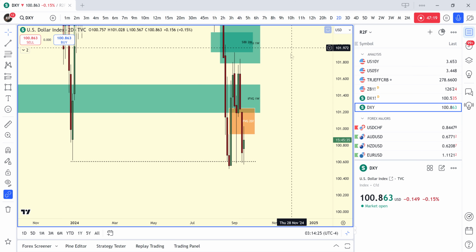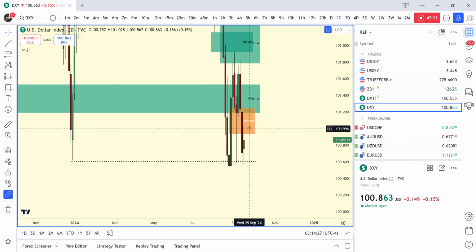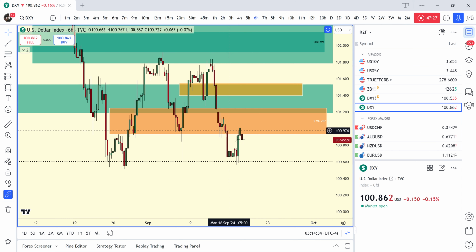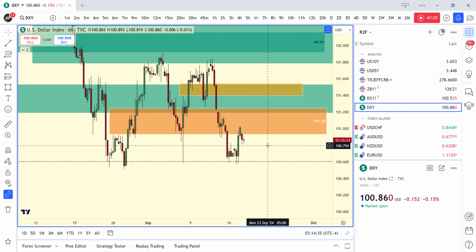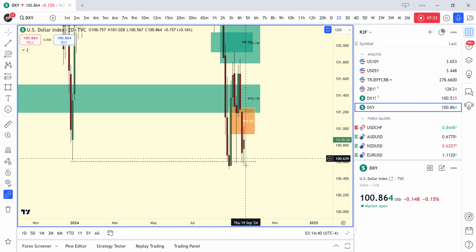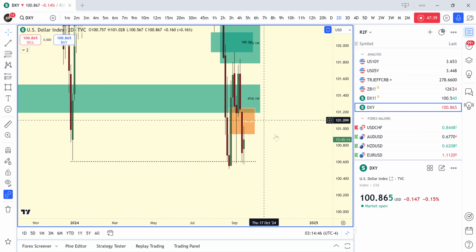Inversion 2-day. Okay, inversion closed down, came into it. Did we come into it and come down? We came down first and then we came into it. Okay, one more time. Came down, then came into it. Okay, so we do have a little opening imbalance here.